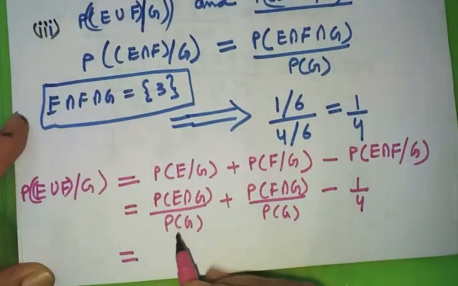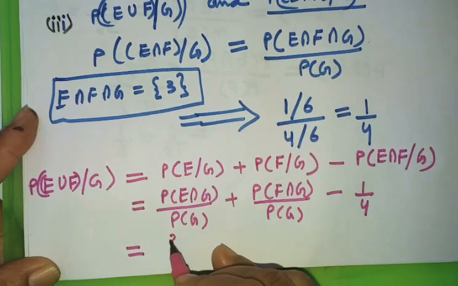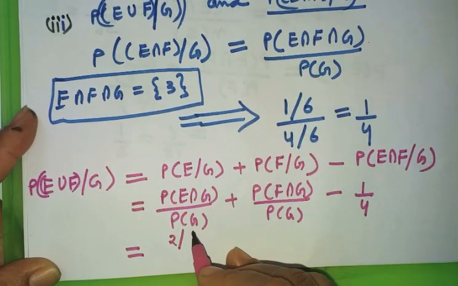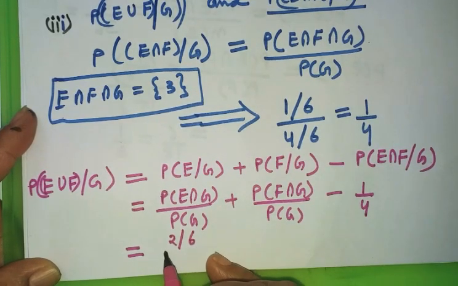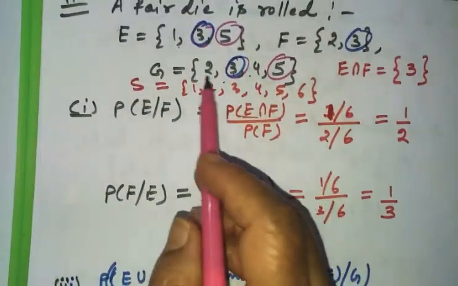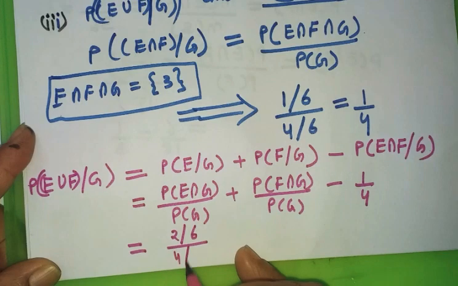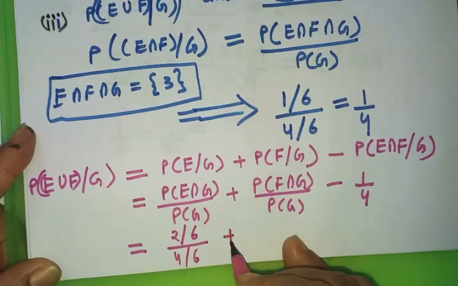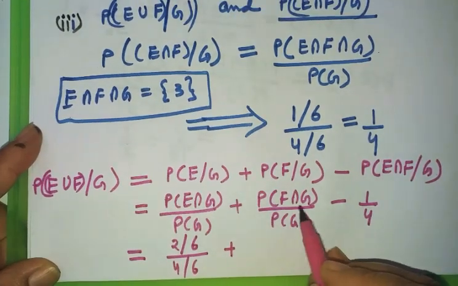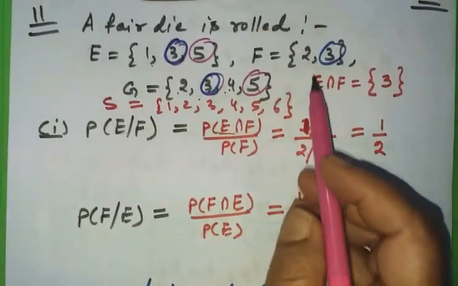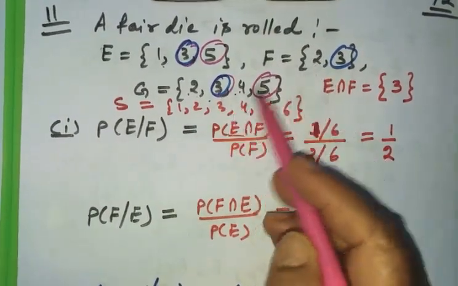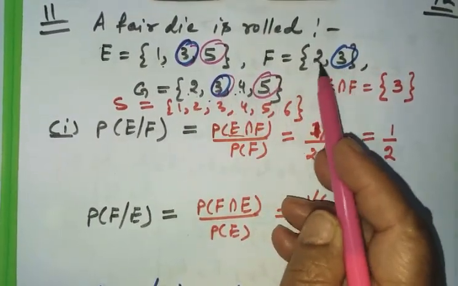So E intersection G will have two elements divided by the number of elements of sample space, and G has 1, 2, 3, 4 elements divided by the number of elements of sample space. Similarly, F intersection G. So F and G, what is common in F and G? 2 and 3.